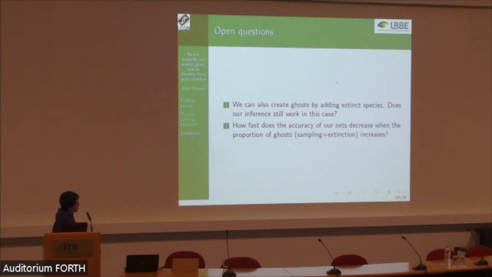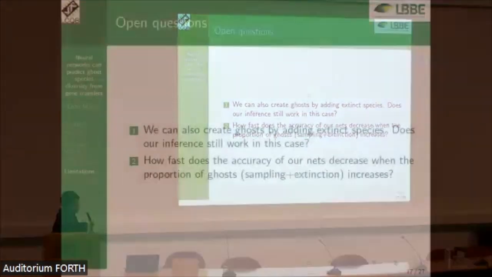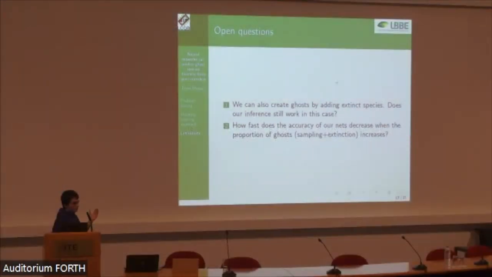Another question: we infer information about ghosts in the complete tree, but we only have sampled a proportion of the complete tree. How small can this proportion be for us to still recover information about the whole tree? If you have 6,000 species in total, but you only sample 6, it's obvious that your prediction of ghost length will not be very good because you don't have very much information.